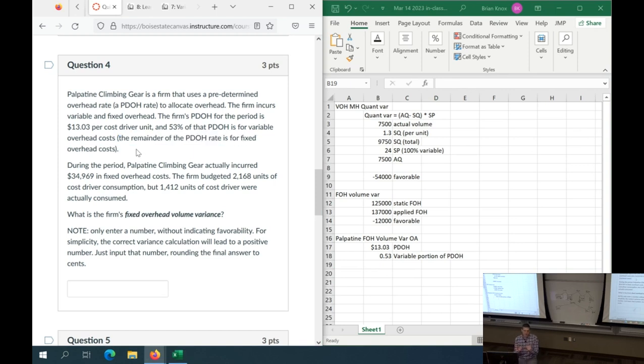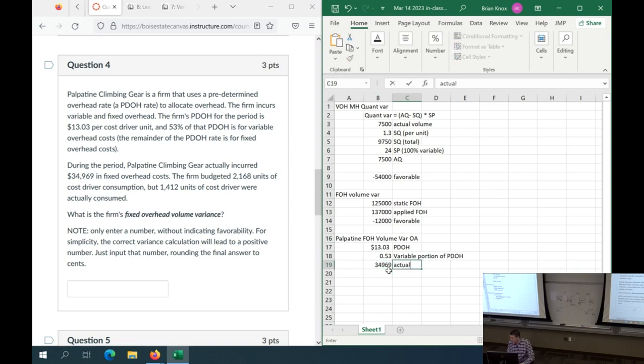All right, so we have a PDOH of $13.03, and it's split such that 53% of it is variable overhead. The other 47% is fixed overhead. So we're going to multiply that PDOH rate of 13.03 times 47% to get our fixed overhead PDOH rate, to figure out what we're allocating our fixed overhead costs based on, per cost driver unit. During the period, we actually incurred $34,969 in overhead costs.